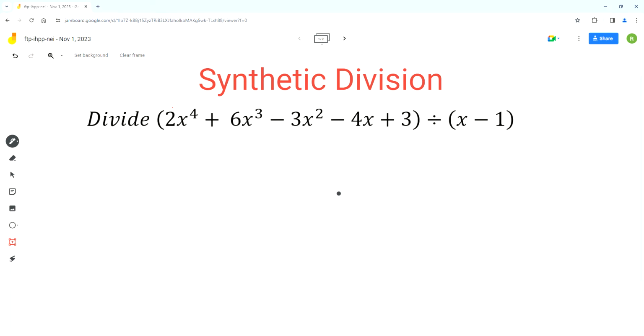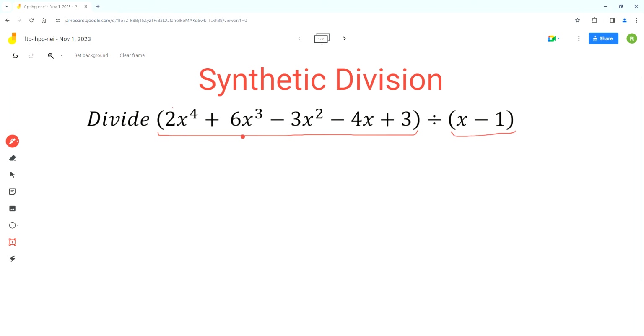Hello everyone. In today's video, we'll go over a problem in which we have to do synthetic division for these polynomials. So in this problem, we have to divide this expression here by this expression.